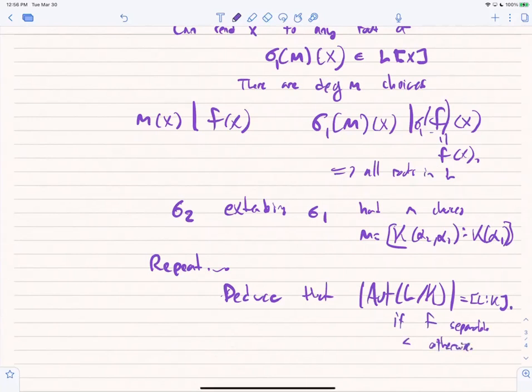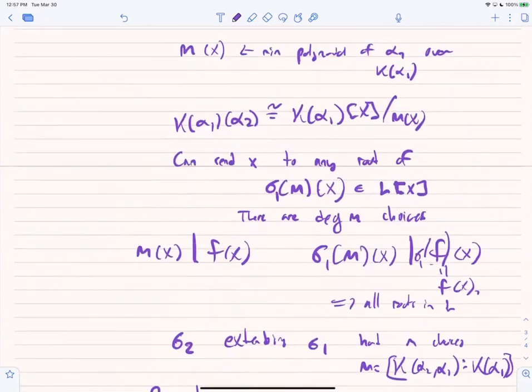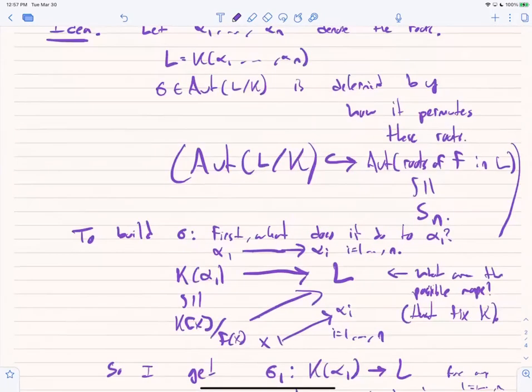The point is, if F is not separable, then already in the very first choice you make, for sigma 1, you only get roots of F, and there are fewer roots of F than the degree of F. So you already have fewer. Okay, so that's the idea.